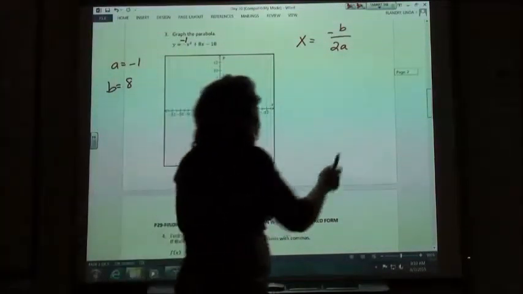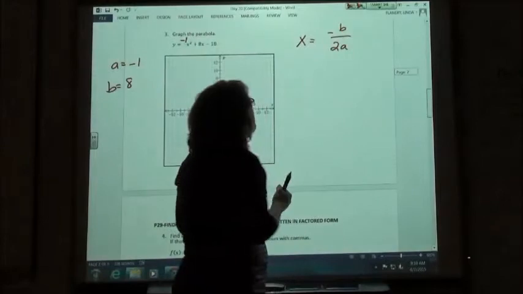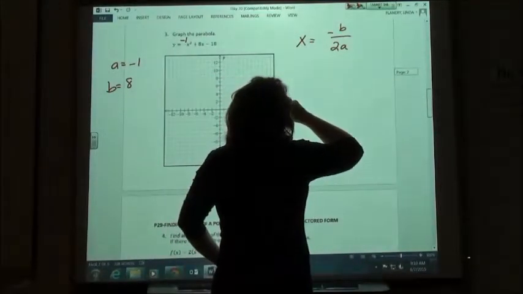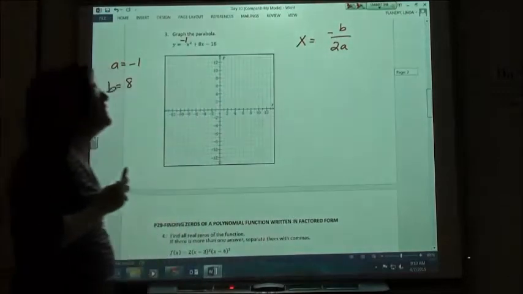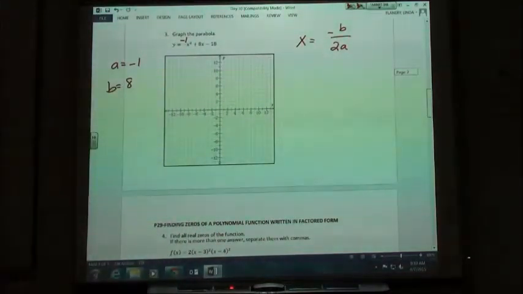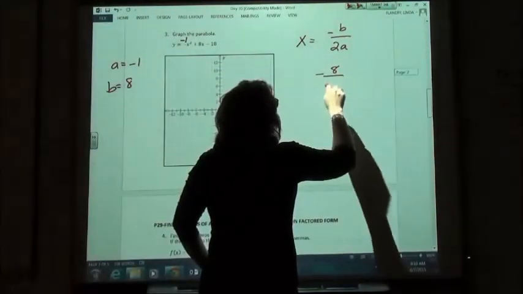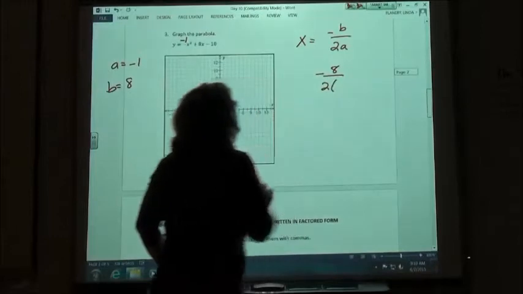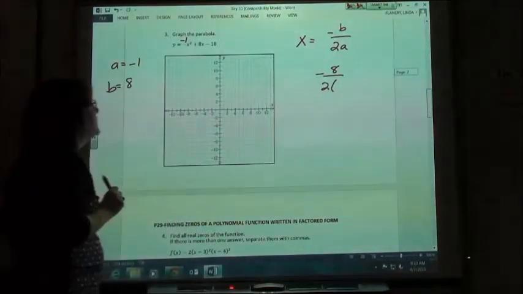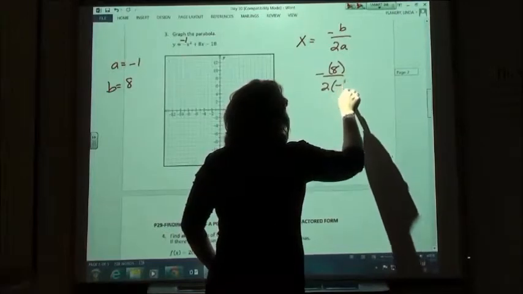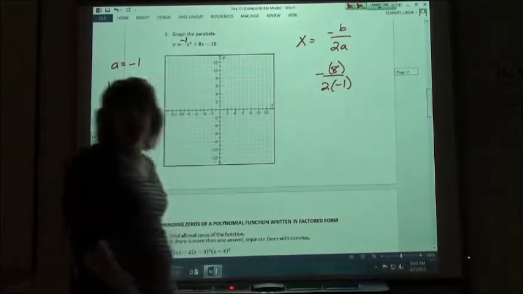So plugging those into our formula, we would have negative 1 over, we would have what? Negative 8 over 2 times negative 1, yep.